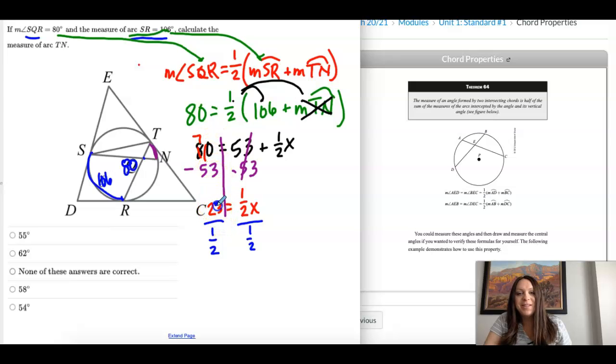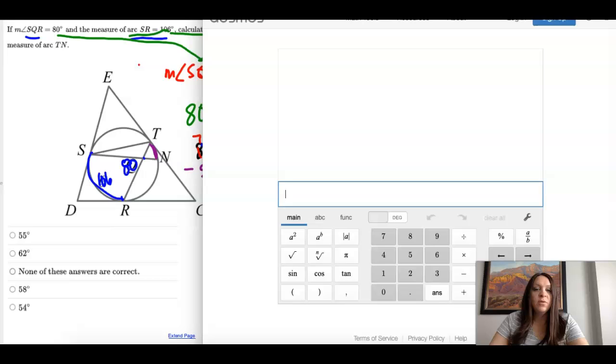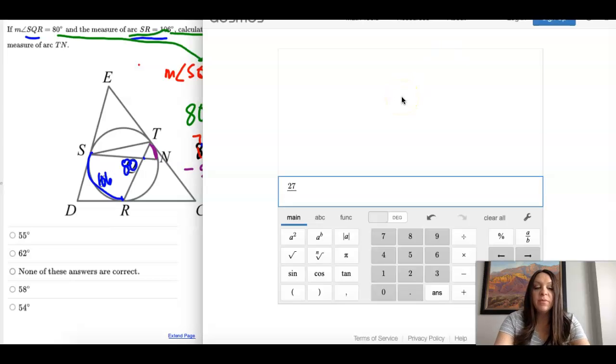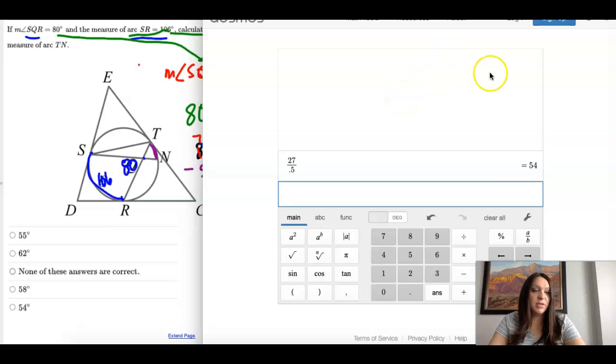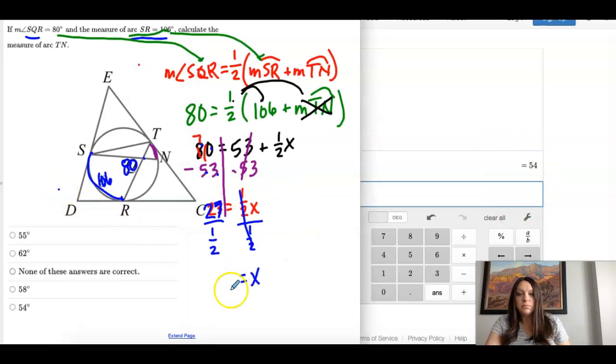That should be a 27. 10 minus 3, 7. 7 minus 5, 2. Okay, so X, or our arc length, is 27 divided by 1/2, which is the same thing as multiplying by 2. So 54. So that means this arc length is 54 degrees. Right there.